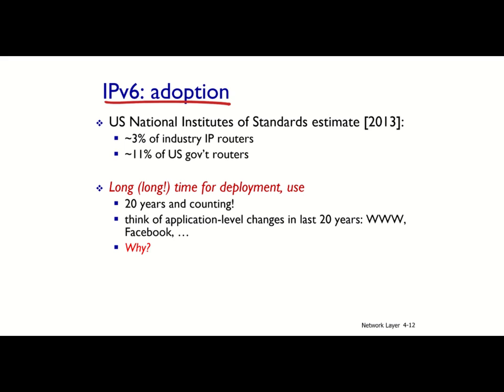The others all run IPv4, and a long time is needed for deployment of IPv6 routers, maybe 20 years or more, because there are many countries that don't even have 15% IPv6 routers in their network in 2017 or 2018. So there's a long way to go for all the countries in the world to completely switch to IPv6 and remove all our IPv4 routers.